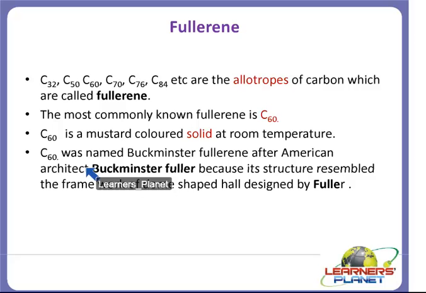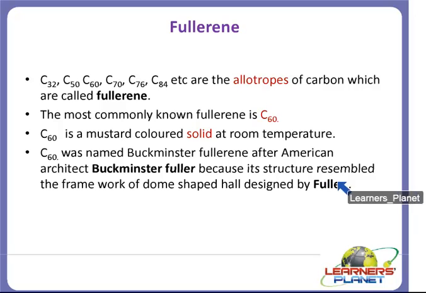Now this C60. C60 was named Buckminster Fullerene. Why? Why are they giving this name to it? After an American architect, he was an architect after whom the C60 was named. It was Buckminster Fuller. Why?